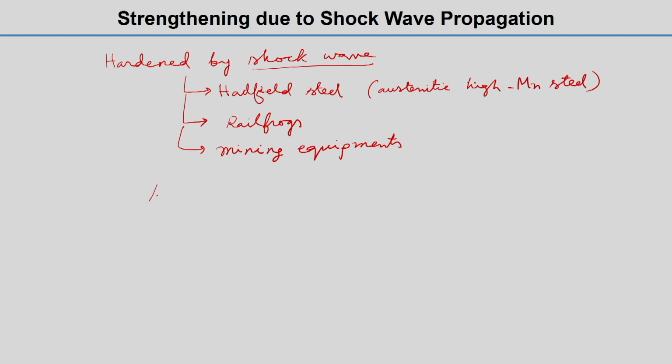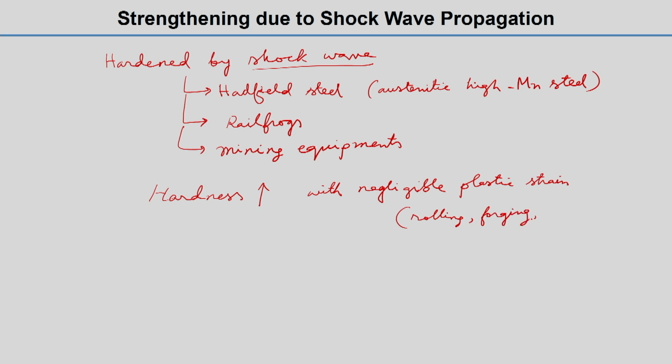We should understand that with hardening by shock wave, we increase the hardness but with negligible plastic strain. This is important because other methods like rolling, forging, or let us say extrusion involve significant plastic strain.